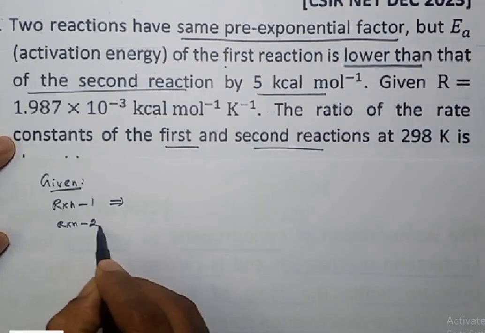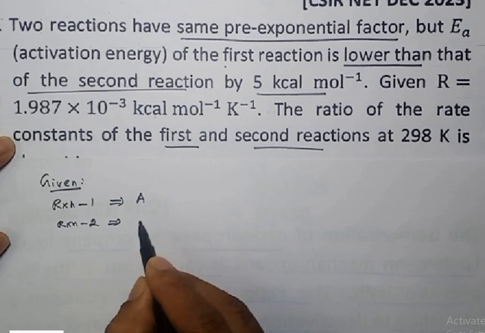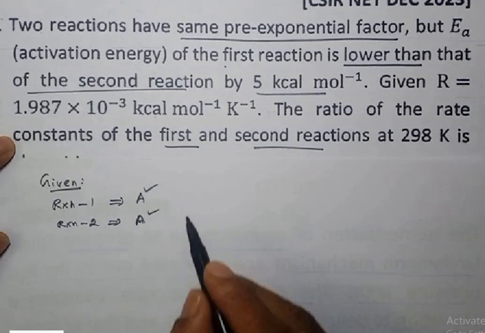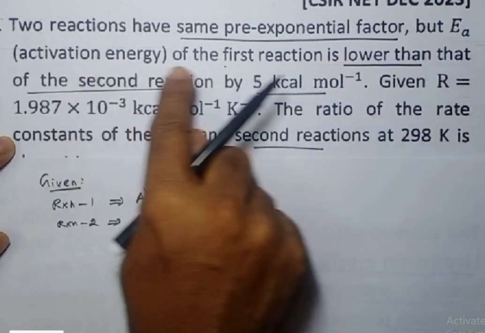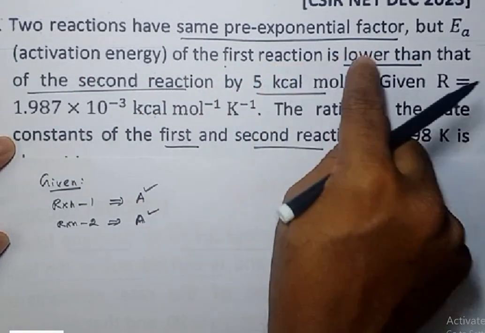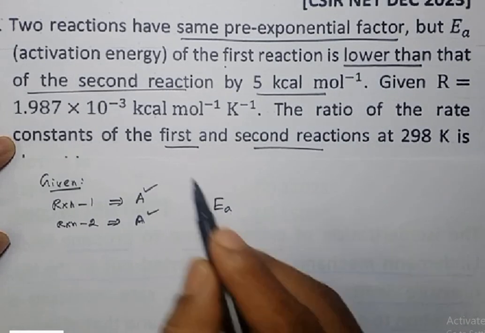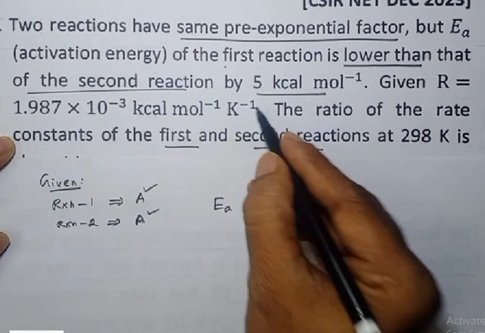For these two reactions, the pre-exponential factor A is the same. But it is given that the activation energy of the first reaction is lower than that of the second reaction by 5 kilocalorie.